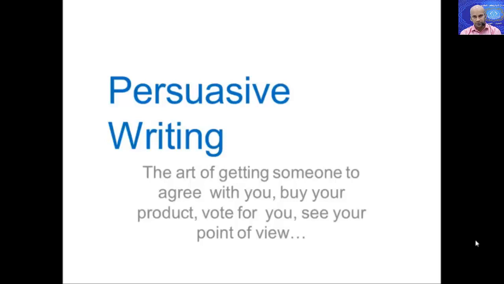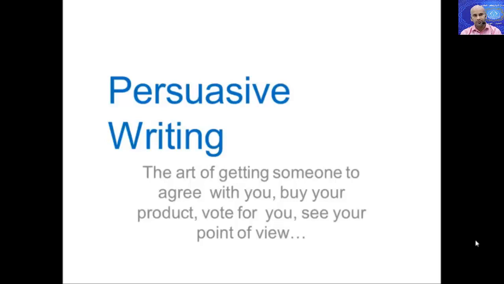For example, you wanted to support social media. So, your writing should be convincing for the readers that social media is really good, or a product, or even a service, or anything, any topic. So you get the readers to your viewpoint.